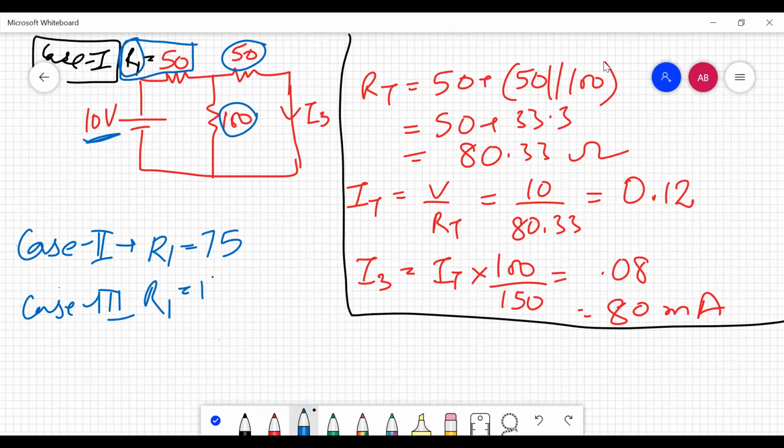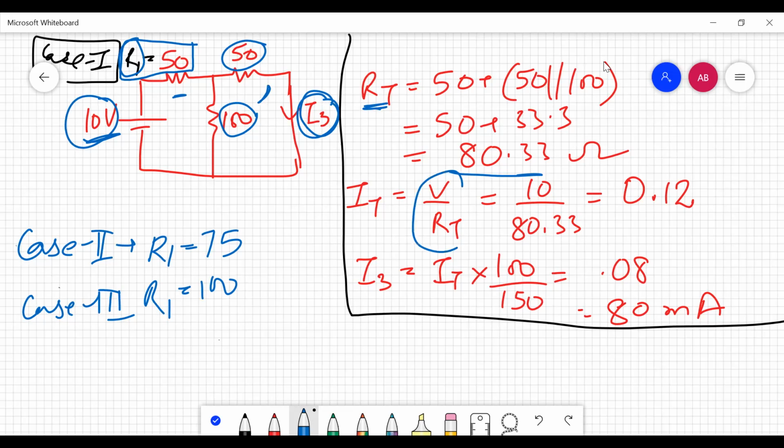And then we are going to analyze the value of this I3 and its ratio with the voltage. So here I have just carried out a small calculation because we require the value of this I3. Firstly, I have calculated the whole RT. So 50 and 100 both are in parallel and then in series with this R1. That gives me a total resistance of 80.33.